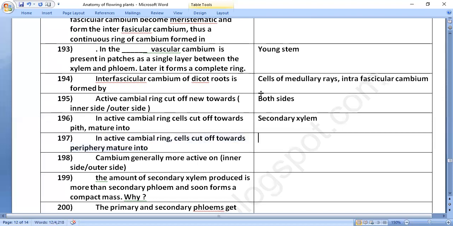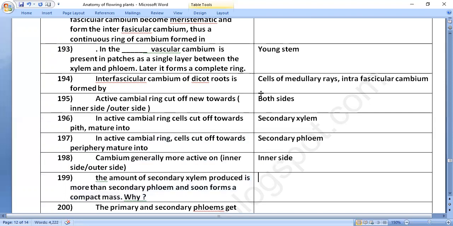Cells cut off towards the periphery mature into secondary phloem. Is the cambium generally more active on the inner side or the outer side? Inner side.